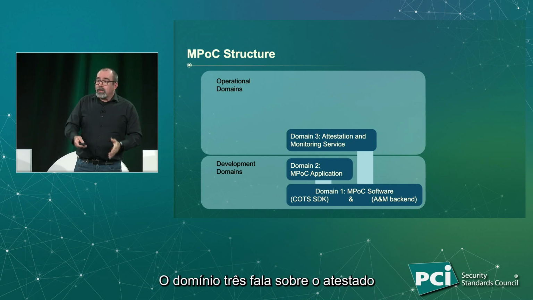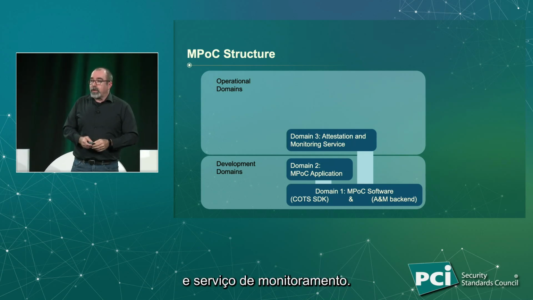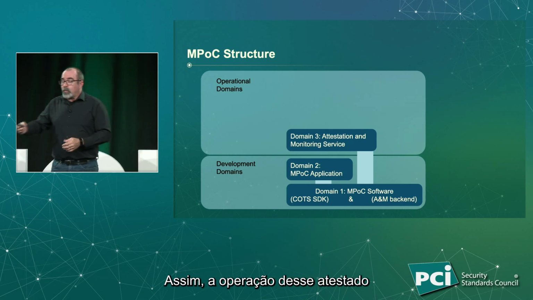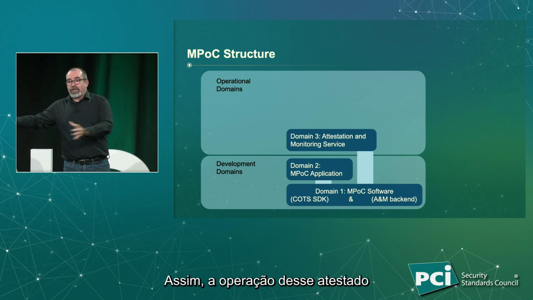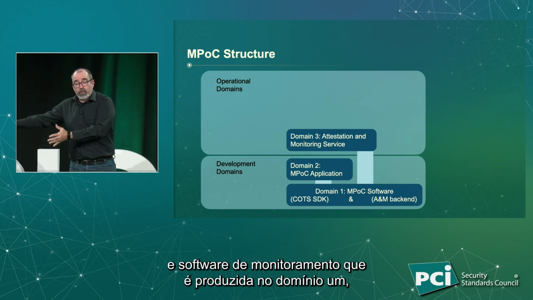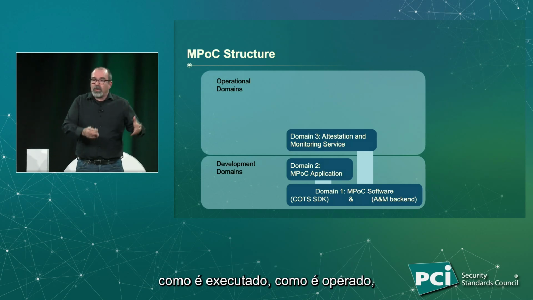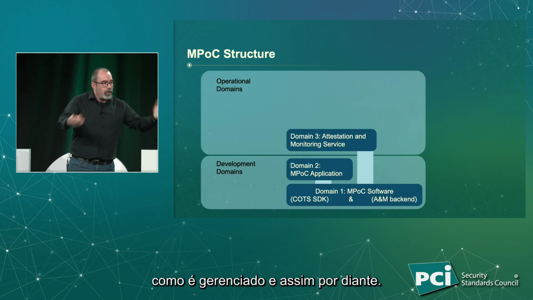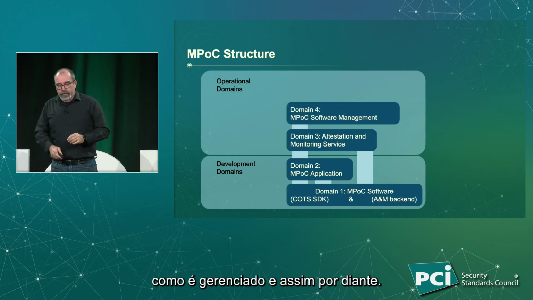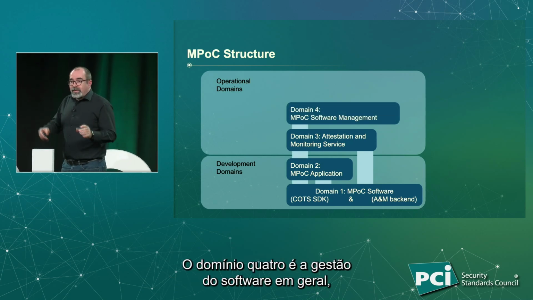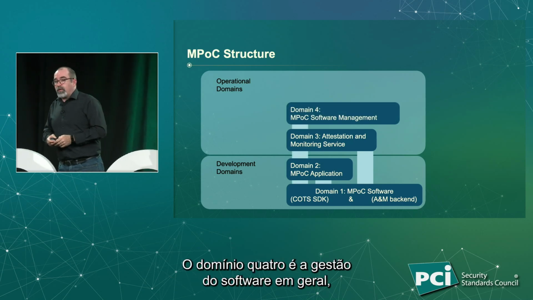Domain 3 talks about the attestation and monitoring service. So the operation of that attestation and monitoring software that is produced in Domain 1, how that is run, how it's operated, how it's managed, and so forth. Domain 4 is the software management in general.